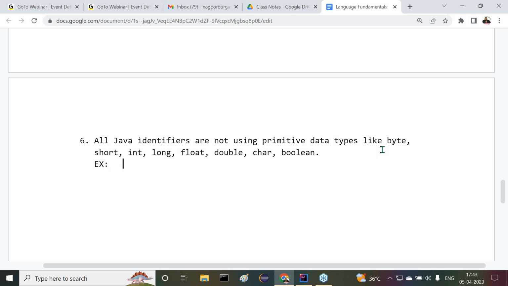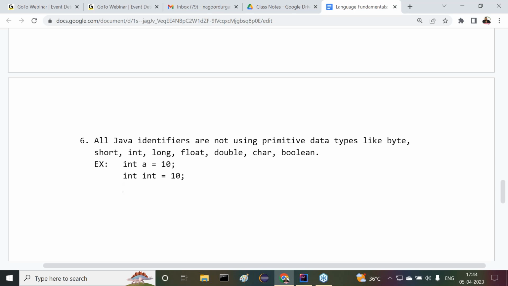Let's see this, I want to give some clarity. For example, for our clarity, int a = 10. In place of a, I'm trying to use int again: int = 10. Observe carefully.